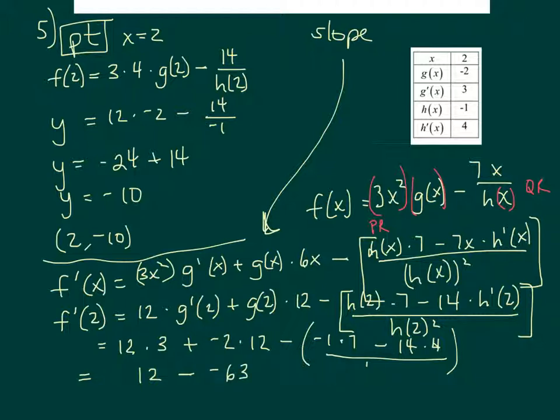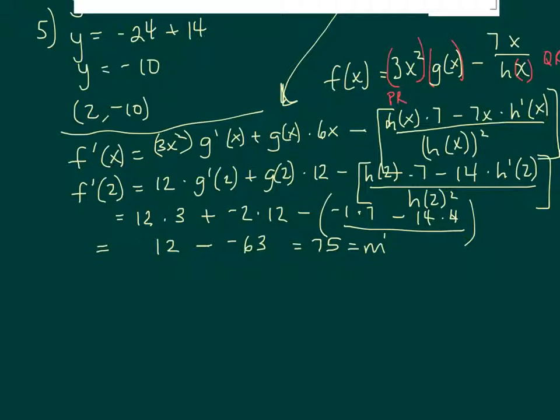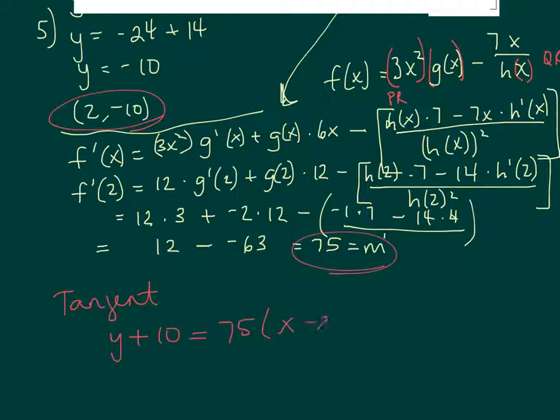So that's 12 minus a -63. So our slope here is 75. Okay, so in conclusion, our tangent line is going to be y plus 10, using this point here, and this slope here. Okay, so y plus 10 is equal to 75, x minus 2.